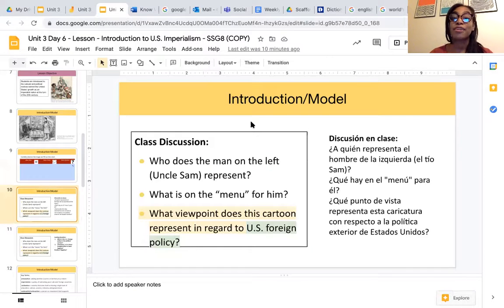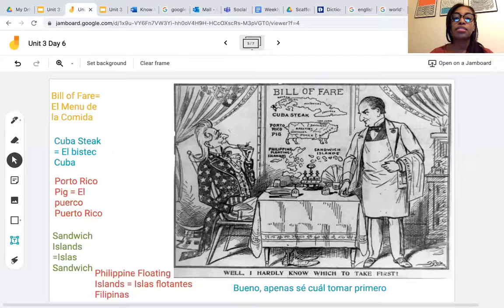Okay, right? Very good. And now here we have the class discussion. We already said what Uncle Sam represents, right? We saw what is on the menu for him. And last but not least, what viewpoint does this cartoon represent in regard to US foreign policy? Well, first of all, what's the foreign policy in this political cartoon?